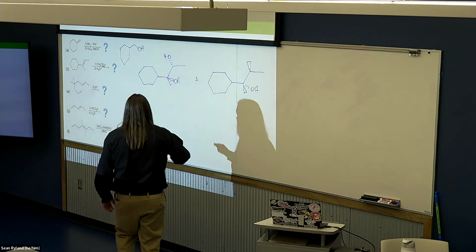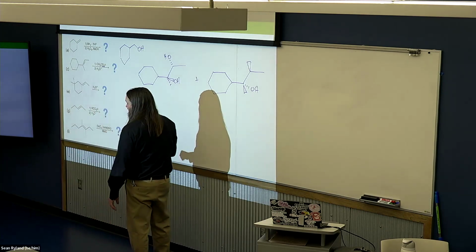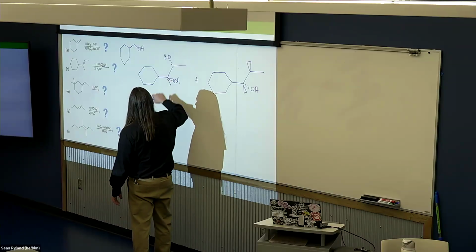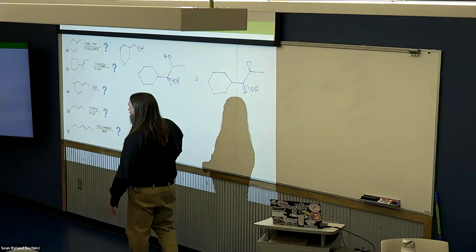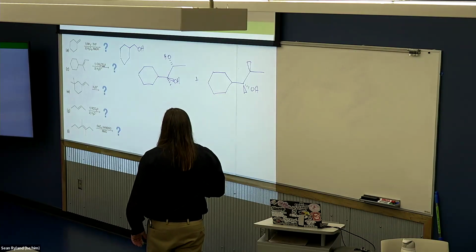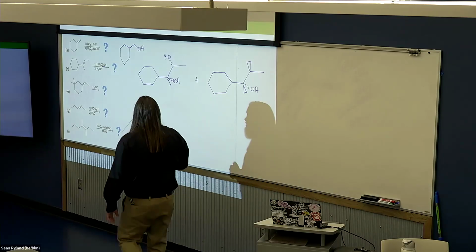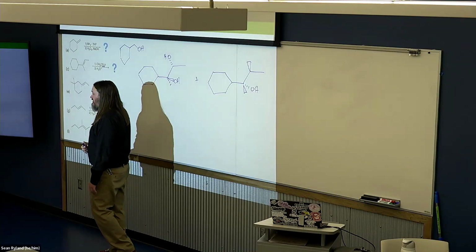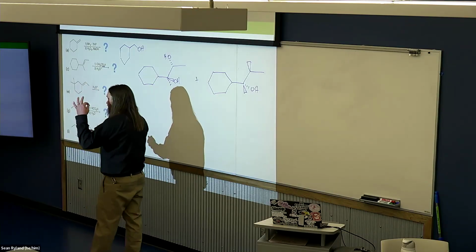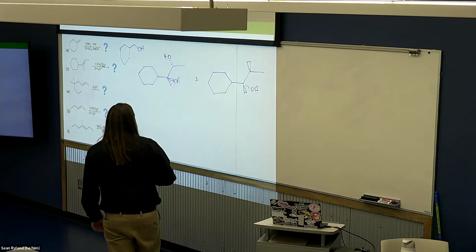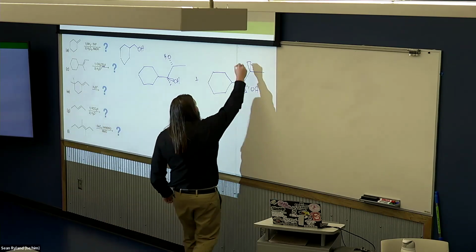You could say this one plus its enantiomer, because both of these stereocenters get flipped. They would never be fixed relative to each other. The OHs will always be trans because it's anti-dihydroxylation. Anti means that we're adding on opposite sides. Oh, but I left off the OH here.